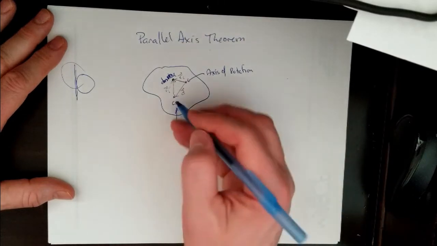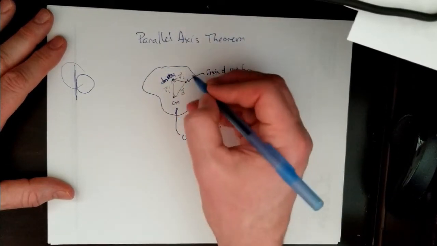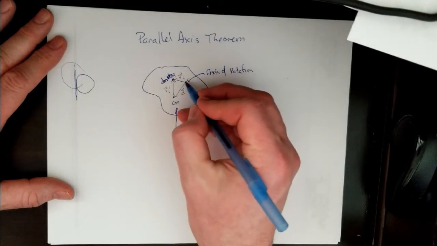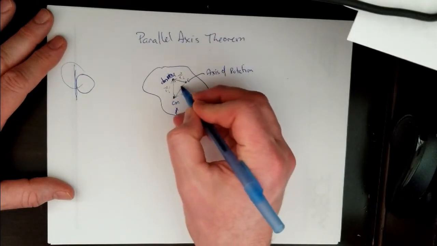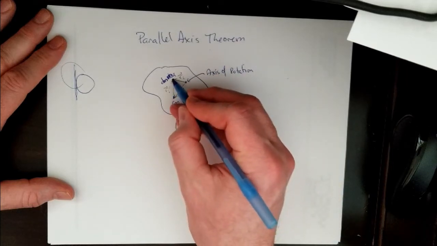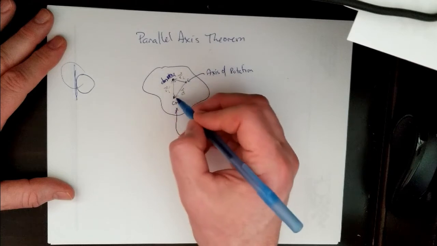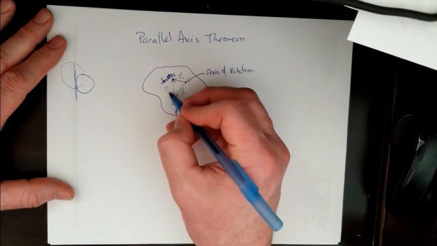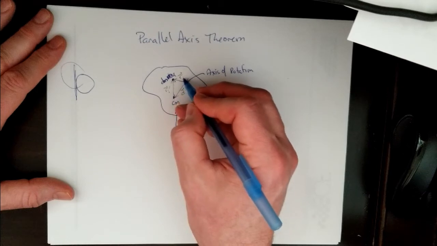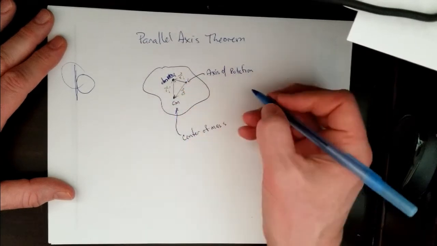I've defined the center of mass of this blob right here, and the axis of rotation is not at the center of mass. I have a vector going from the axis of rotation to my center of mass, which is d. I have a differential of mass with a vector r_i prime from the center of mass and r_i from the axis of rotation.